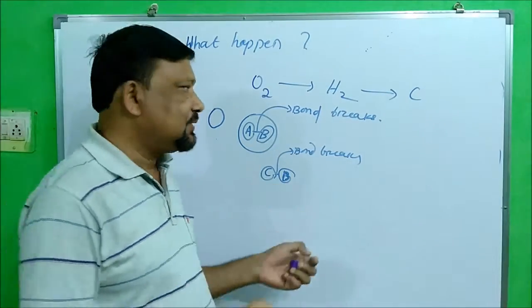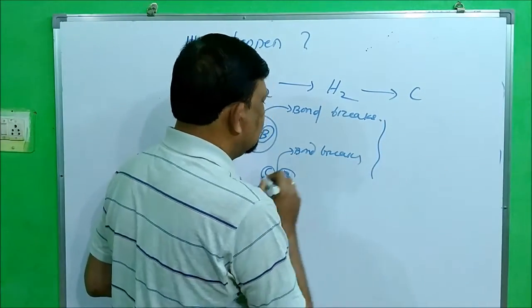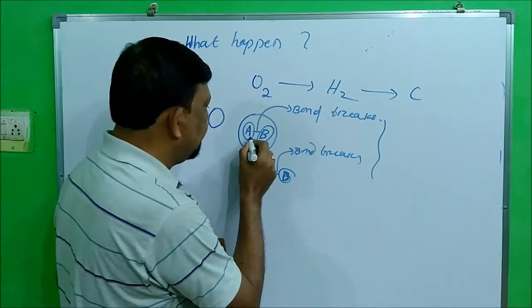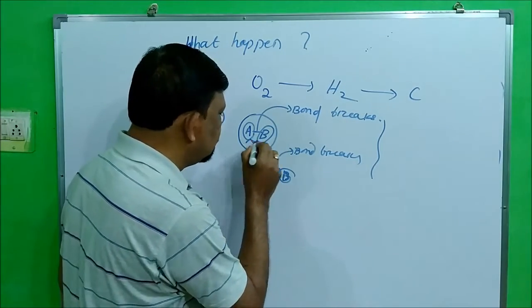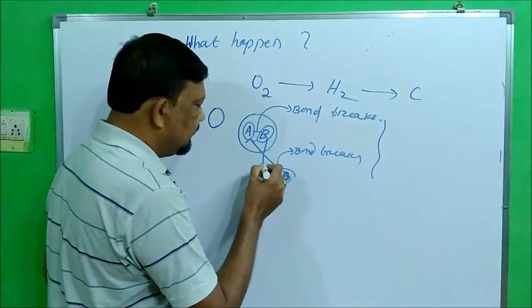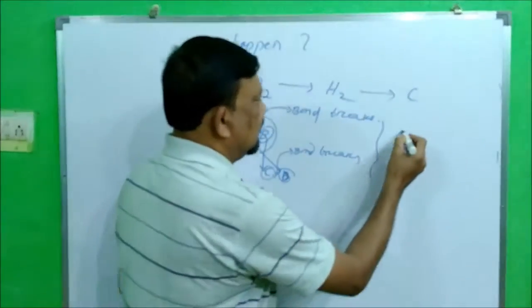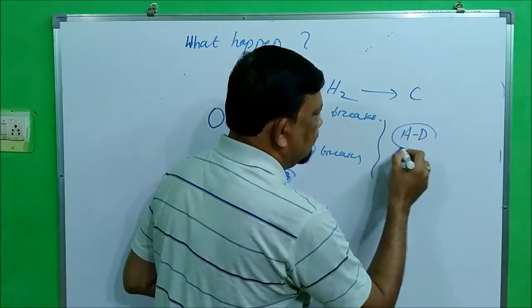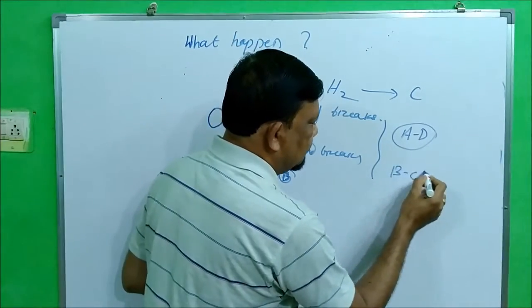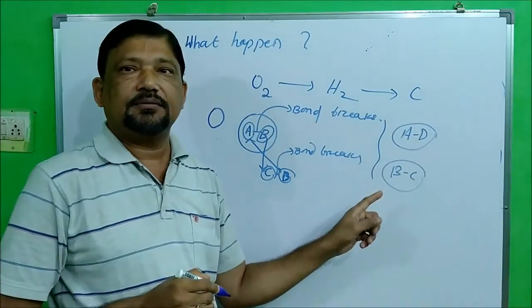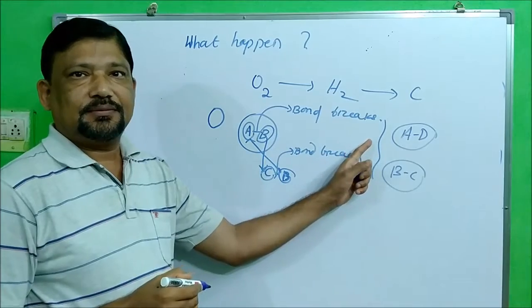After breaking, what happens? Some new bonds are formed. The bonds may be A and D forming a new bond, B and C forming a new bond, AD and BC. These are the new bonds forming from this reaction.